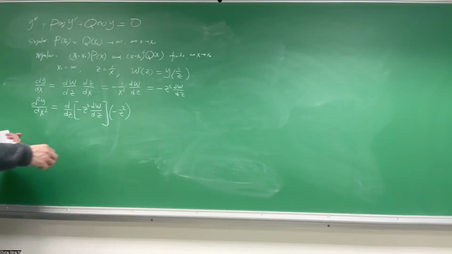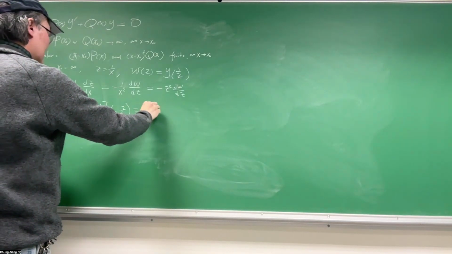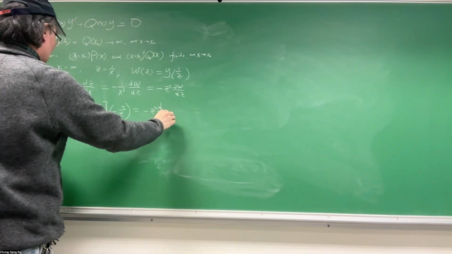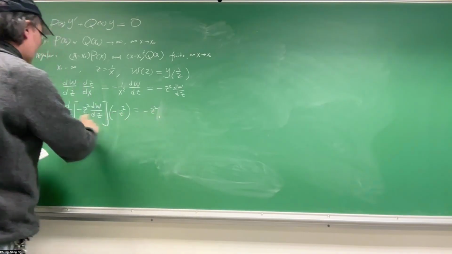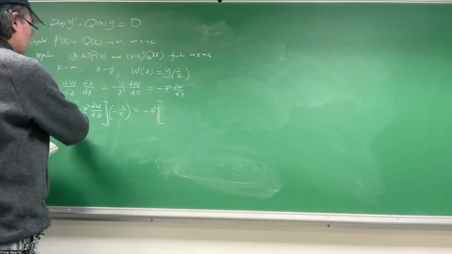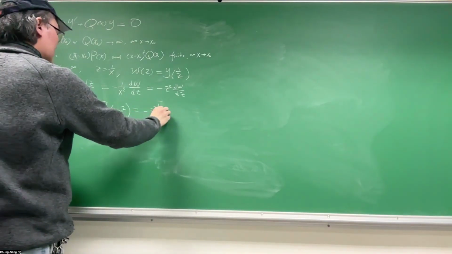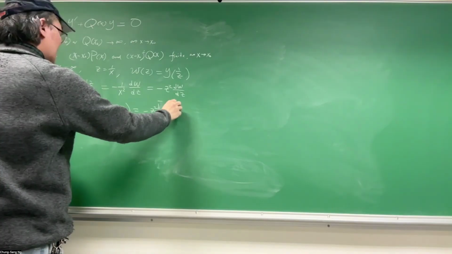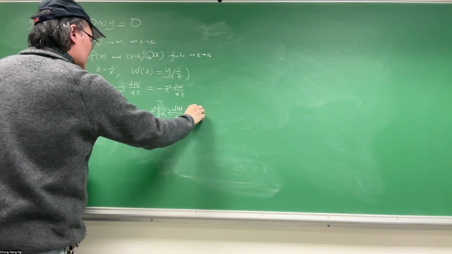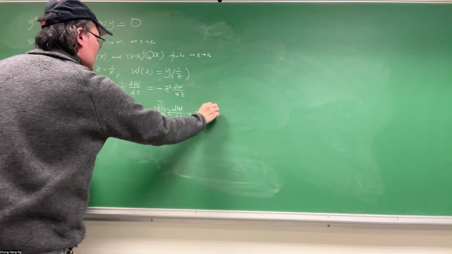Right. Write it out explicitly. I mean, there's two terms here. I'll take the minus already, so it's 2z dw dz, z squared, z squared d squared w dz squared.